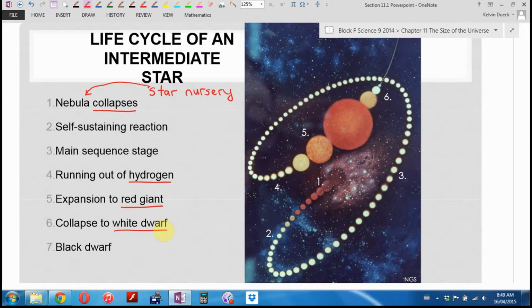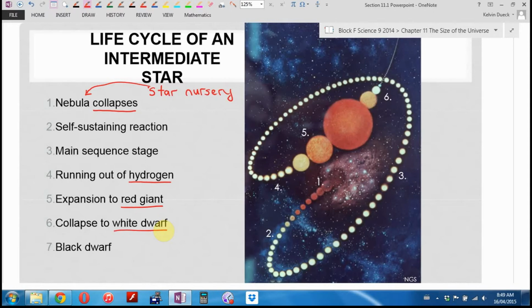When you have enough of this dust and gas and material, because the gravity pushes down on itself, it starts to form a ball, and in the center of that ball, pressure is tremendous. Tremendous pressure. How much pressure? It actually starts to create heat and fuse atoms together. That's step 2. You get a self-sustaining reaction, and lo and behold, a star is born. It starts to give off heat and light, instead of just being a cloud of gas.